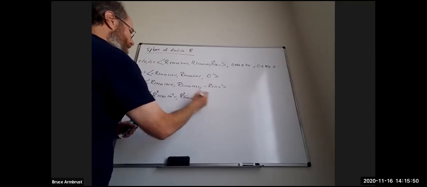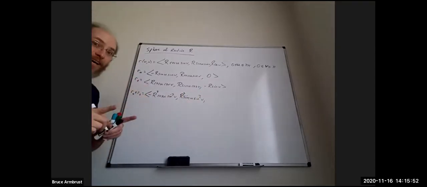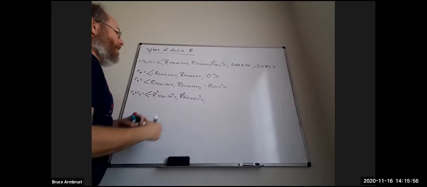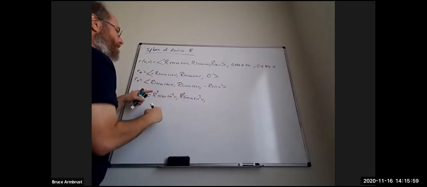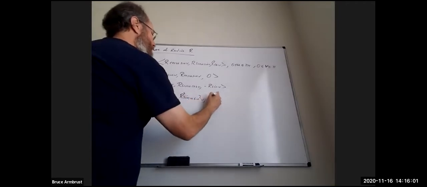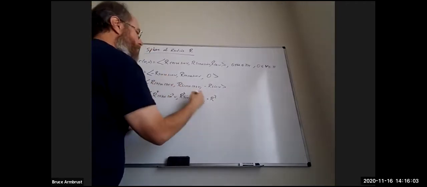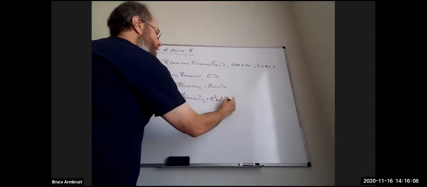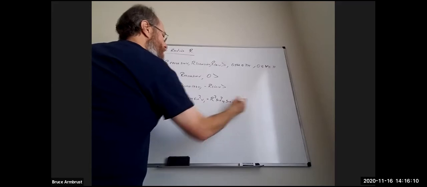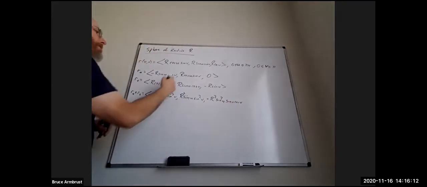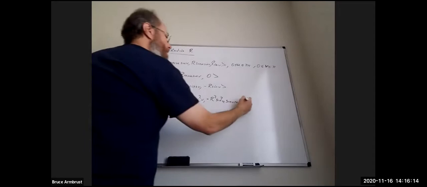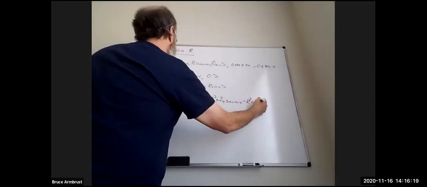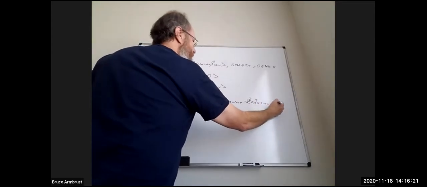Okay. All right, but it does change this next piece. So we're going to get a minus R squared sine squared u sine v cosine v. And then we're going to have minus another R squared, but now we get cosine squared u sine v cosine v.